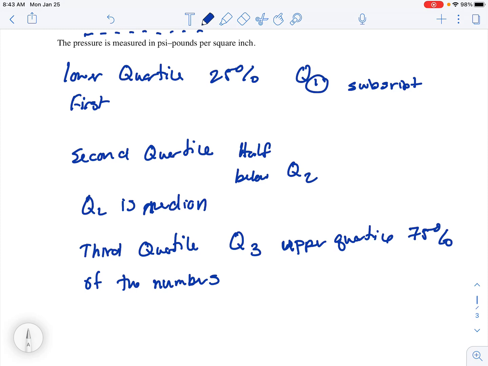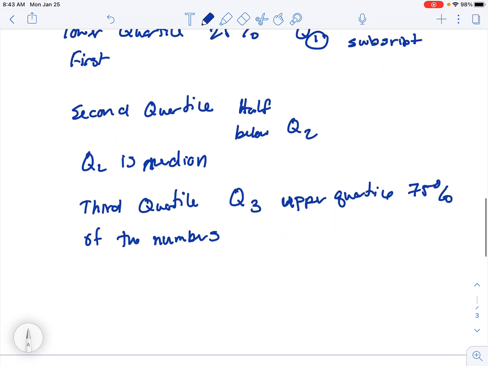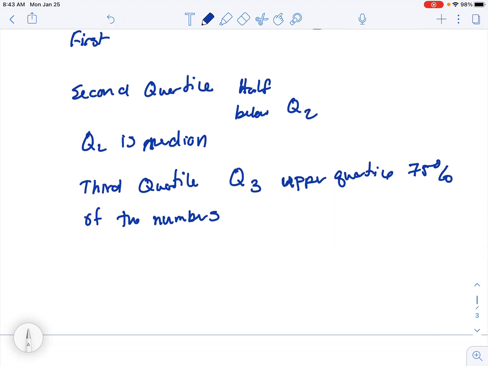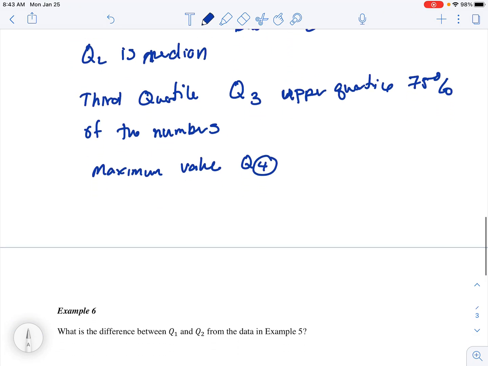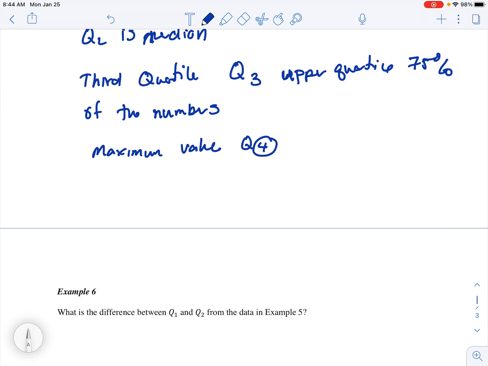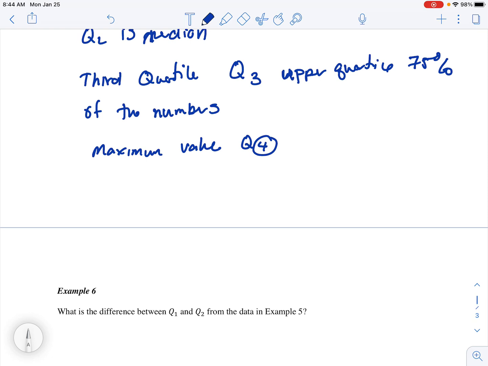And the maximum value is going to be Q4. Again, this is our subscript. Okay, so here's what we're going to do. To find Q2, Q2 is our median, so that's going to be the easiest one to find.